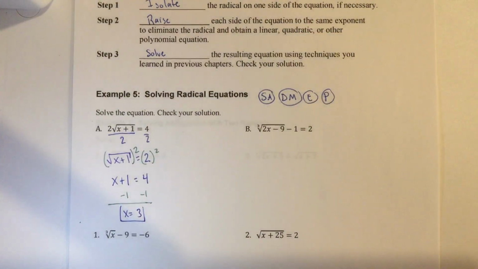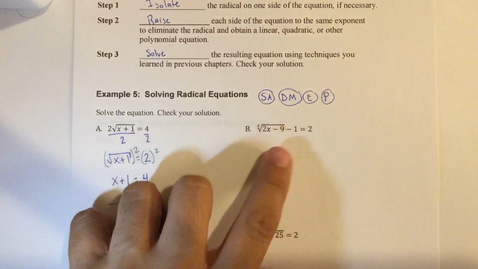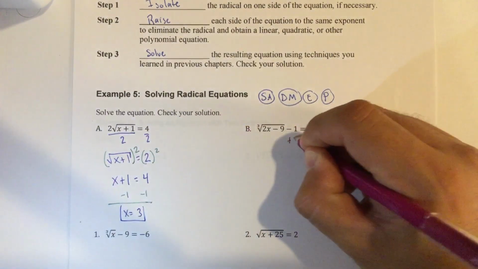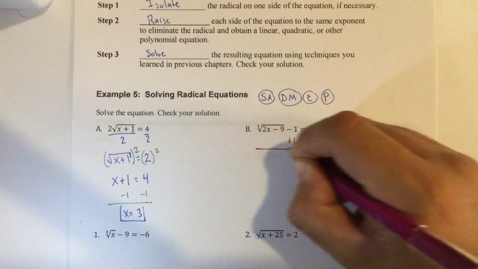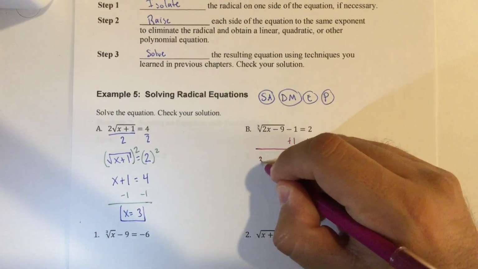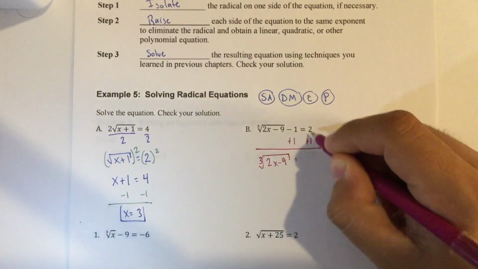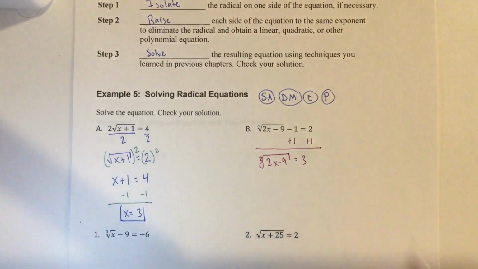Alright, for the next one, starting from the addition subtraction. Here I do see a minus 1, so to undo that, I'm going to add 1 to both sides of the equal sign. So we have the cube root of 2x minus 9 is equal to 2 plus 1, which is 3.